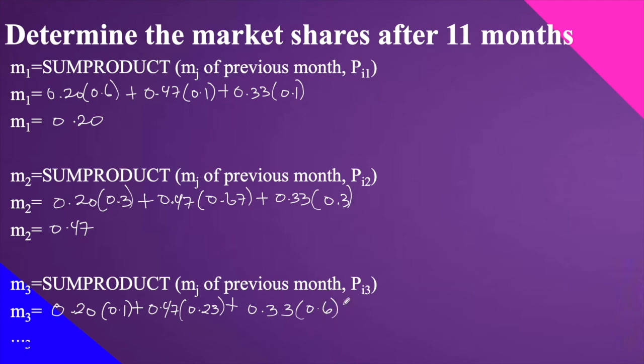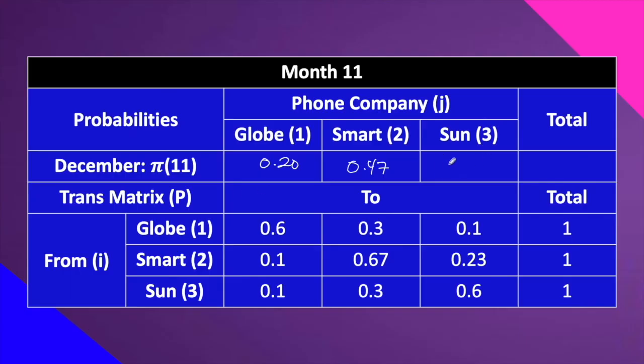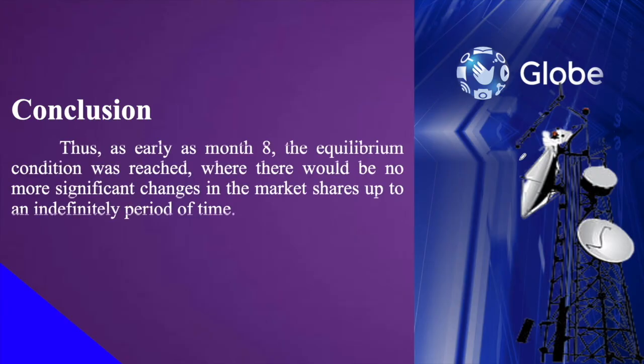And this is equivalent, guys, to 0.33 or 33% market share of Sun after 11 months. So, let's write it here. 0.33 and equivalent to 1. 0.20, 0.47, and 0.33.